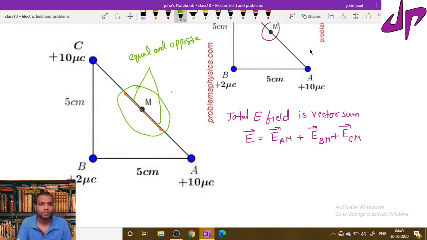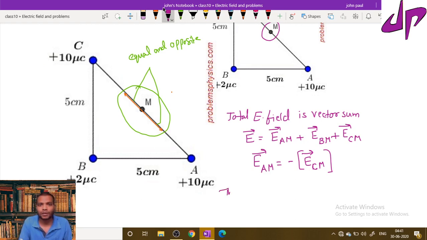So the electric field due to A at M is equal and opposite, minus the electric field due to C at M. So these two values cancel each other.